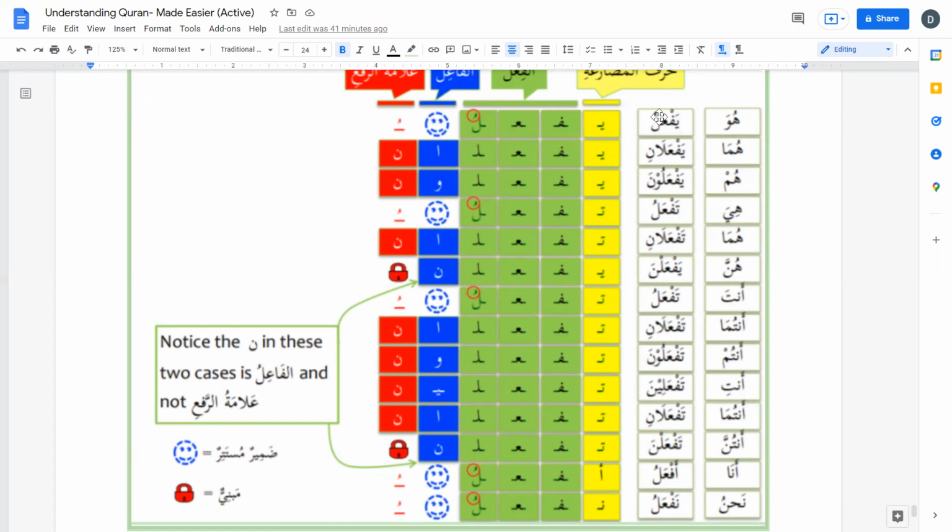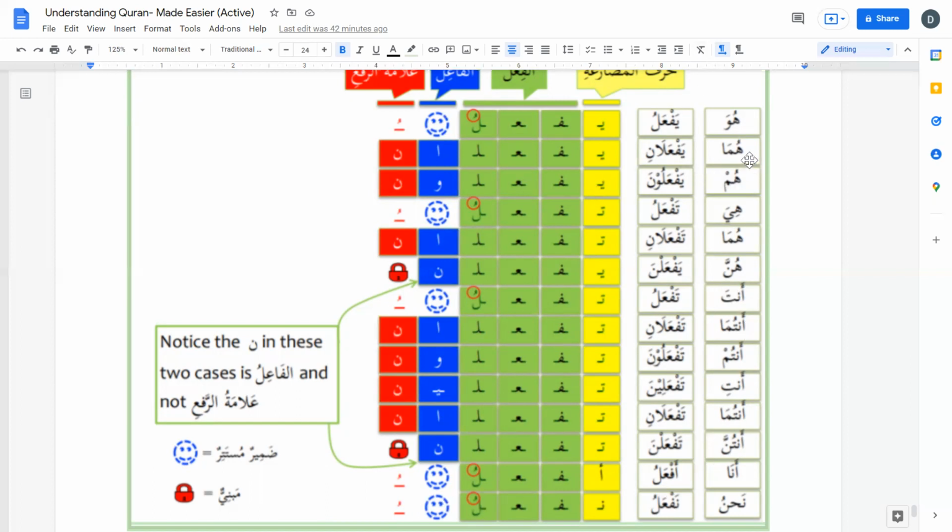Because in this category, yaf'alu, taf'alu, af'alu, naf'alu, we have dhamma at the end. So this dhamma for these five fi'l mudari tells us that this is the regular, or rafa, form. Yaf'alu, taf'alu, af'alu, naf'alu is the regular form for these five pronouns.